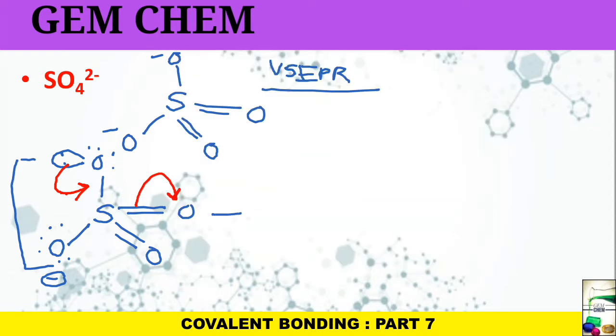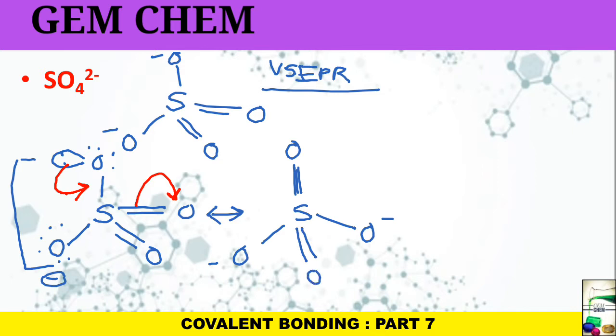Ultimately, we get another type of resonance structure which looks like this, where this is O-, this is double bond oxygen, and this will be O- with another double bond oxygen, and this exchange will continue and there will be more or less many resonance structures.